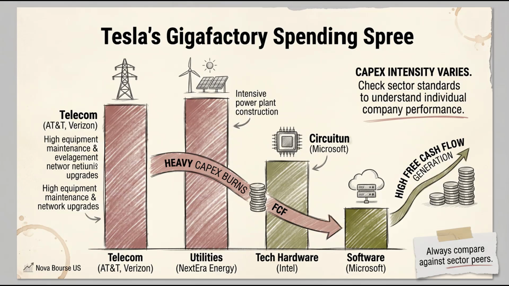Tesla provides a perfect example of how aggressive infrastructure expansion impacts cash flow. In fiscal year 2024, Tesla spent $11.3 billion on CapEx, up from approximately $7.5 billion in 2022. This capital went toward new vehicle manufacturing capacity, AI training compute infrastructure, and energy storage production, including the megafactory in Shanghai.